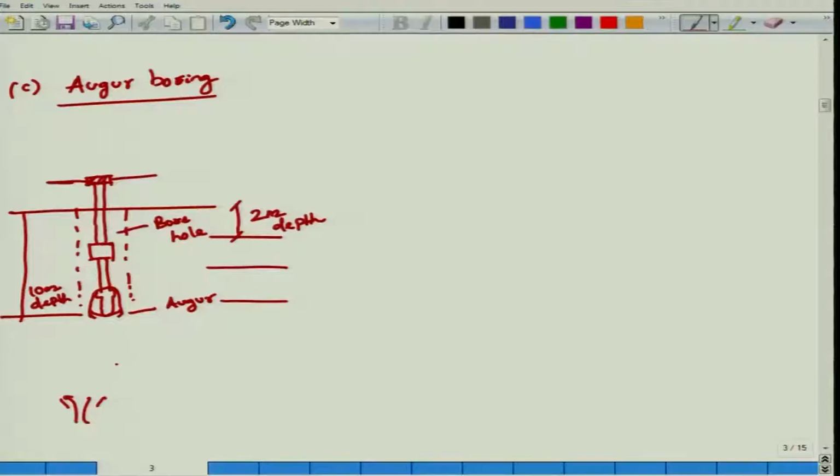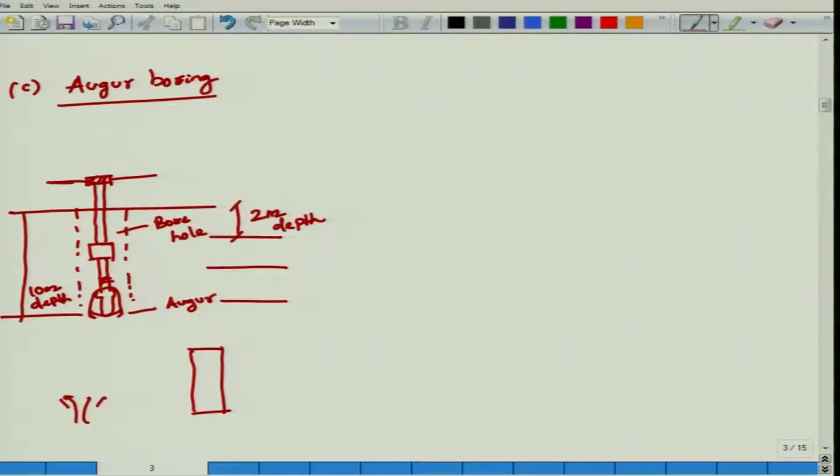Then take out this auger, and at the base there is an arrangement where you can connect sampling tubes. Generally sampling tubes are of a certain size, this part I am going to discuss later. Then connect the sampling tube, lower it down up to 2 meter depth, then push it so that soil goes inside and you can collect an undisturbed soil sample.